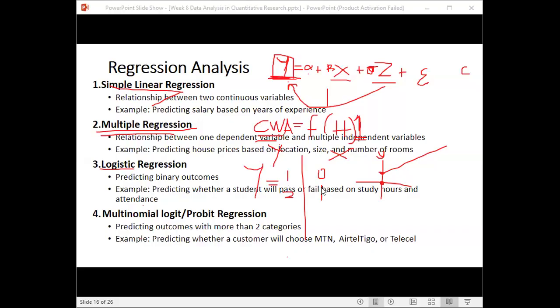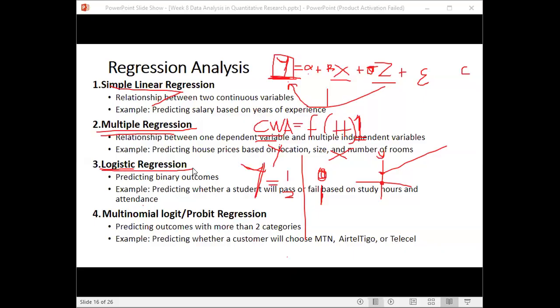If you are present, I mark you 1. If you are absent, I mark you 0. So my dependent variable takes the value of 0 and 1. If that is what your dependent variable is, then you cannot just use any kind of regression analysis. You have to use the logistic regression analysis.